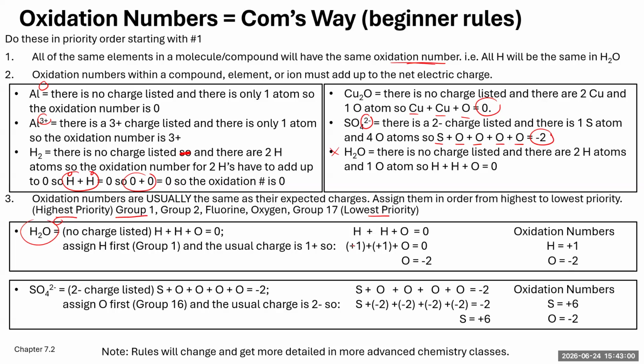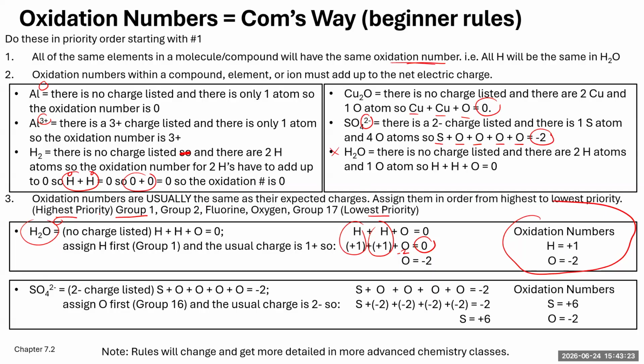So each of these hydrogens is going to have a 1 plus. Now you can figure out oxygen because those all have to add up to 0. So oxygen needs to be -2 for that to be true. So the oxidation numbers are hydrogen +1, oxygen -2.